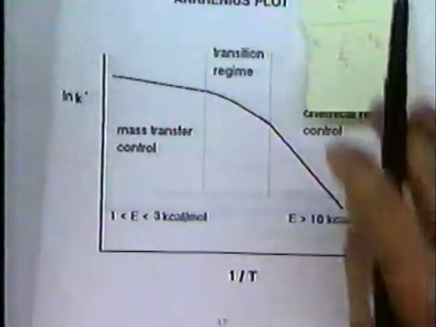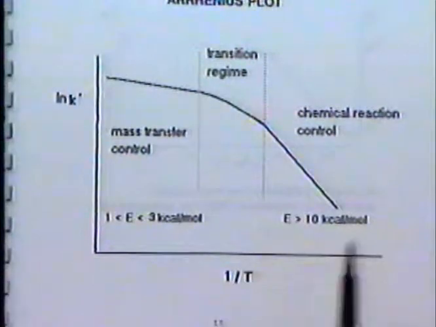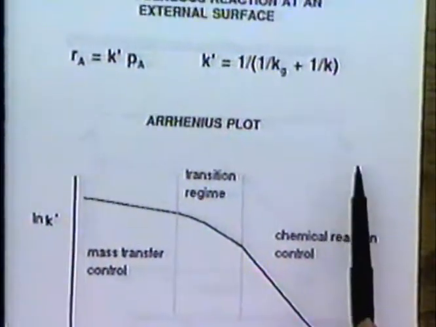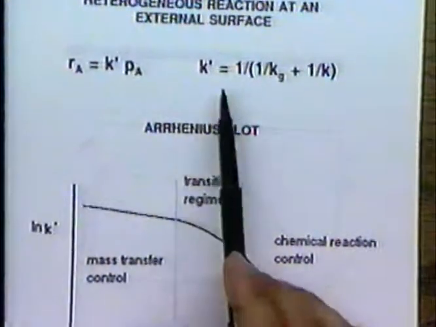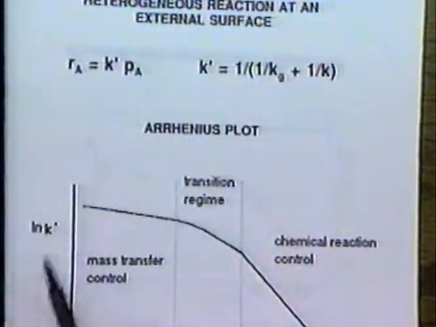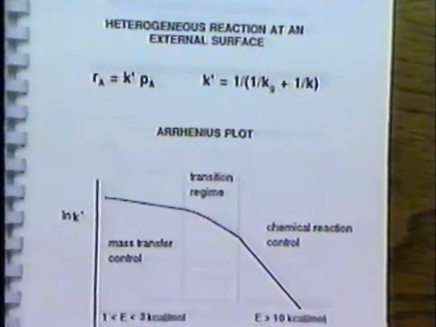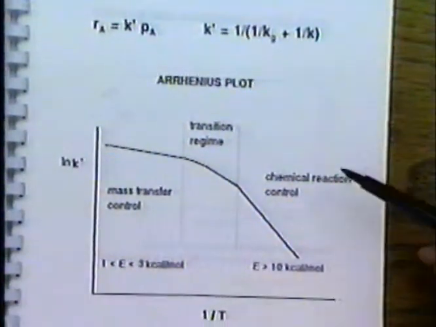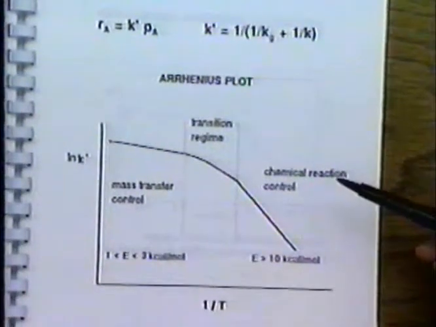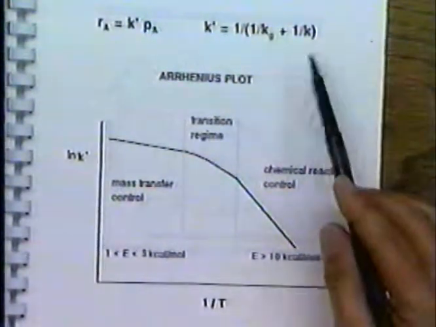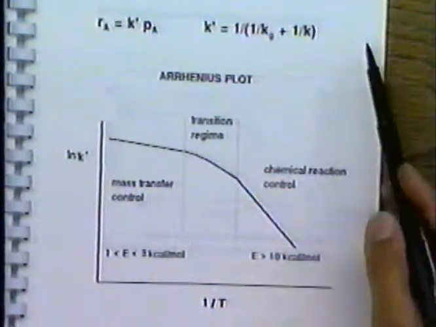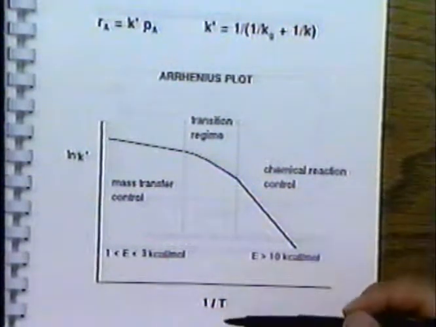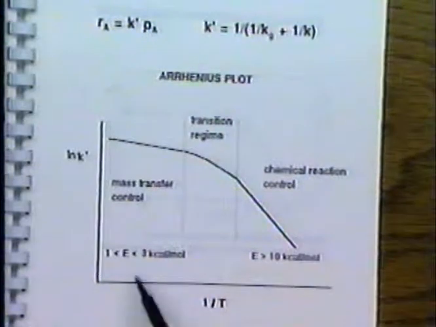So now we can plot this K, the K that we have here, as a function of 1 over T in an Arrhenius type plot. Now, let's look at some extreme cases. Let's assume the temperature is very high, so we are working here.